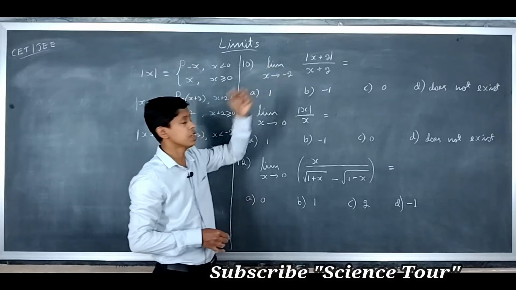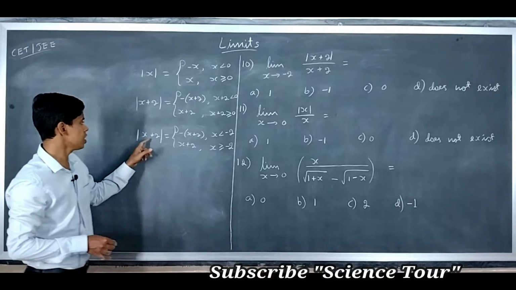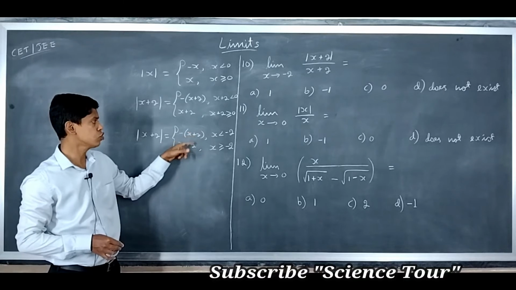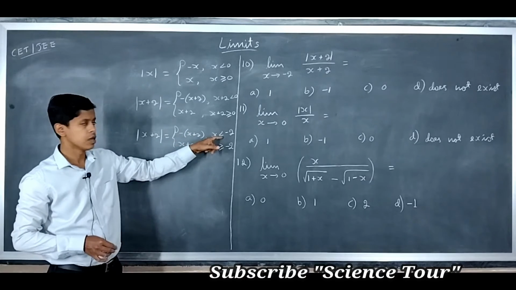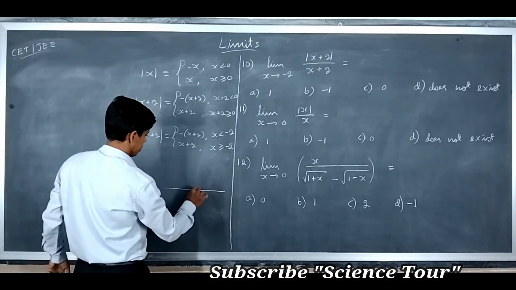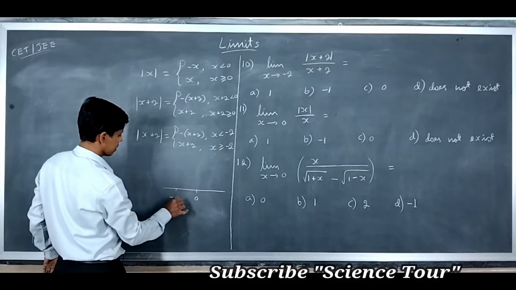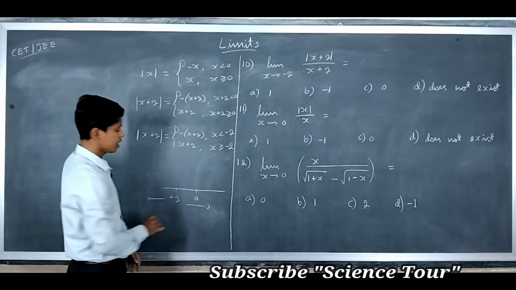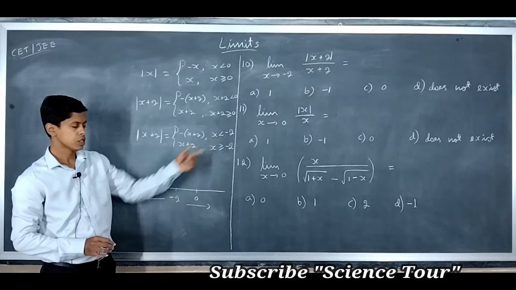Now let us begin with the limit. See, the function is broken up into two branches, separately for x less than minus 2 and x greater than minus 2.